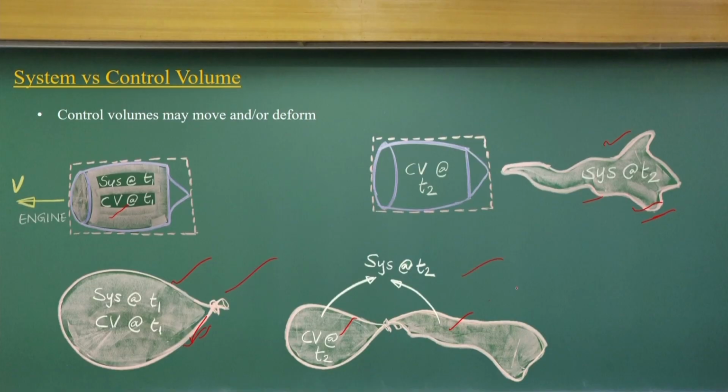The v could be in vectorial form, it can move in any directions, any magnitudes. Similarly, it can have a deformable control volume, as given in the example here. So you can simplify complex problems using these three types of control volume: fixed control volume, movable control volume and deformable control volume.